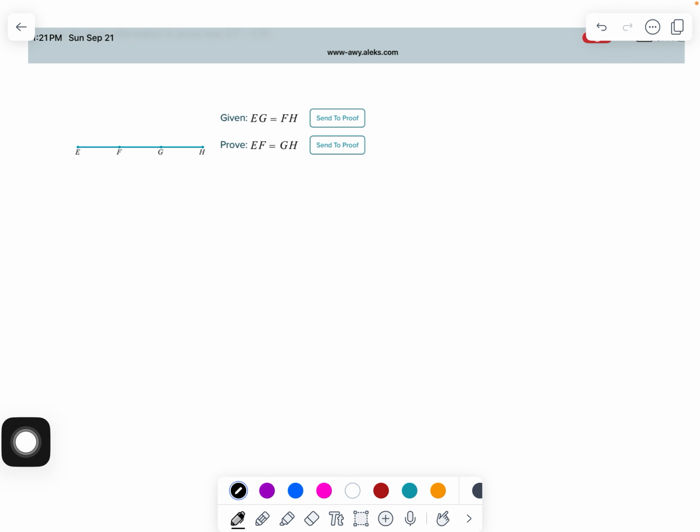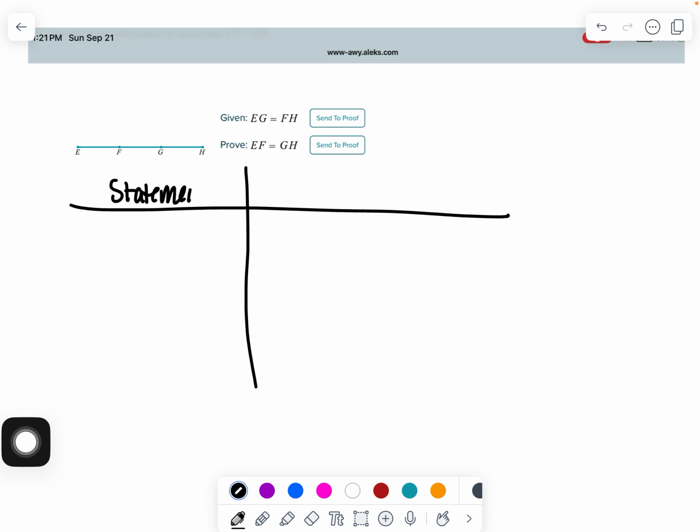Okay. Here's how we do it. We start out with our statements and reasons. And we start with EG equals FH, because I love my givens coming first.